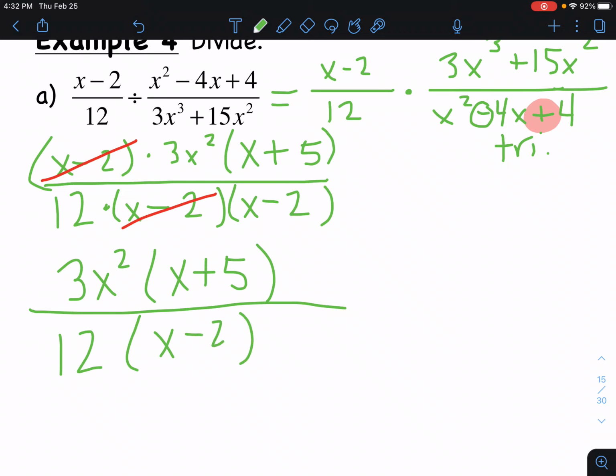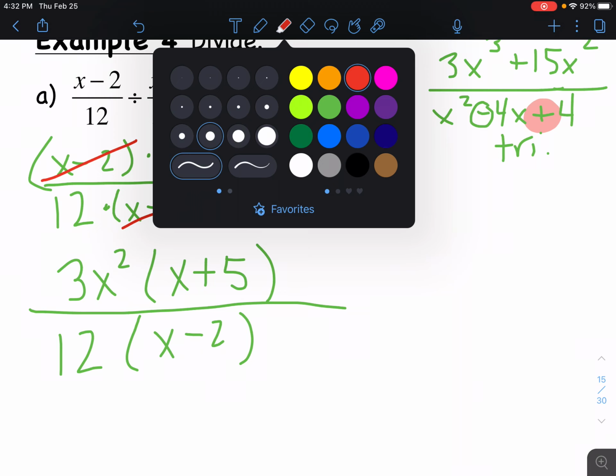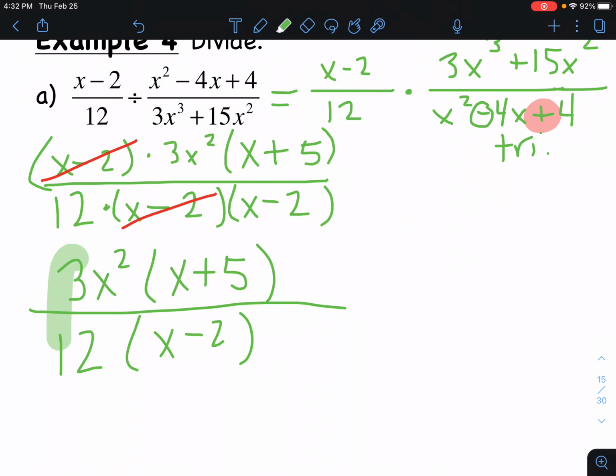Now, take a look at those monomials. By the way, the binomials are done. They are going to carry into our answer in the next step. But the monomials can still be reduced. Specifically 3 divided by 12.